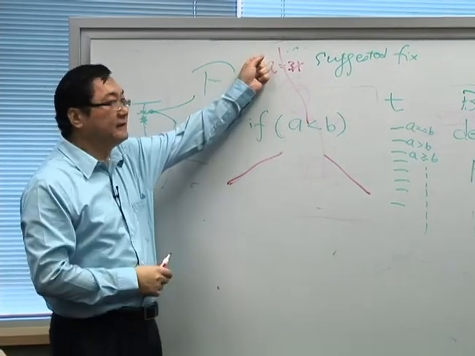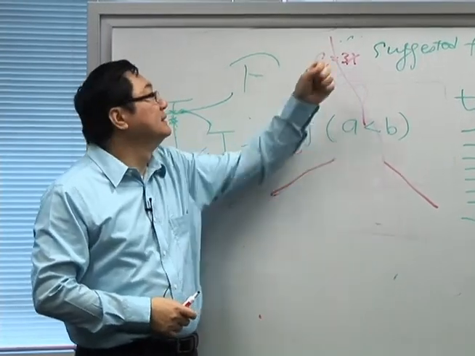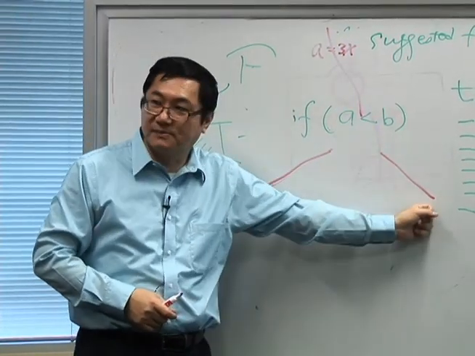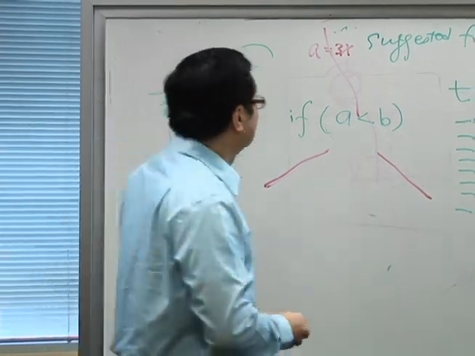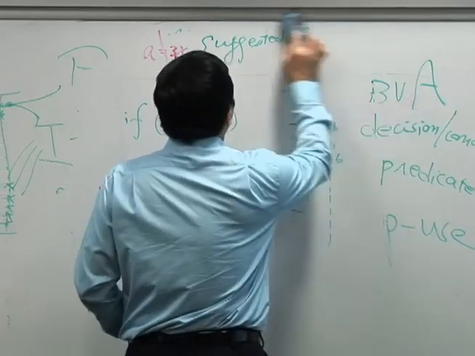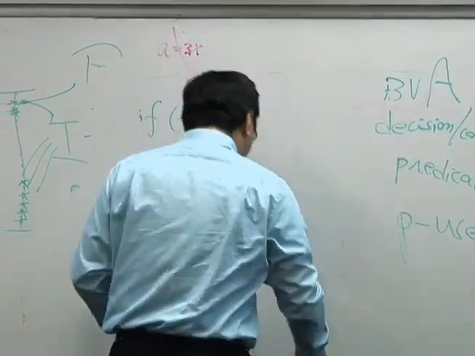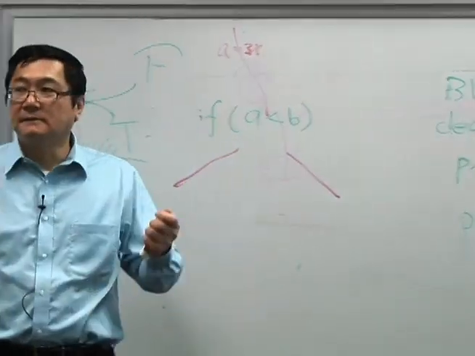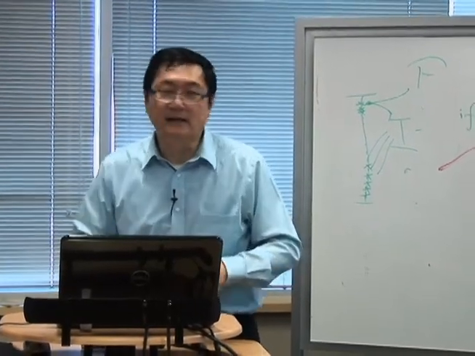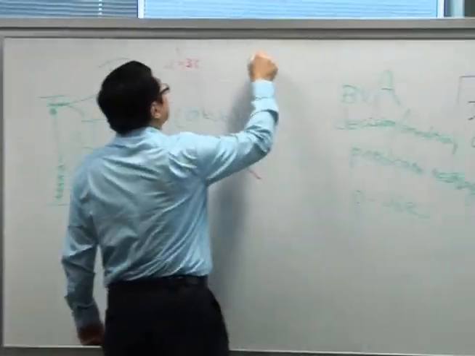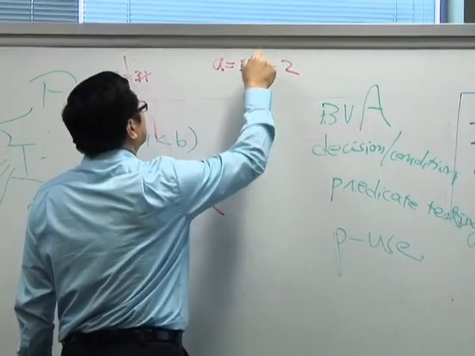P-use means what? Definition, use, true branch. Definition, use, false branch. So far, so good? And we all know that for a computer program, it is very likely that you have more than one definition for a given variable, right? So I'm going to have A equals 5y minus 2.